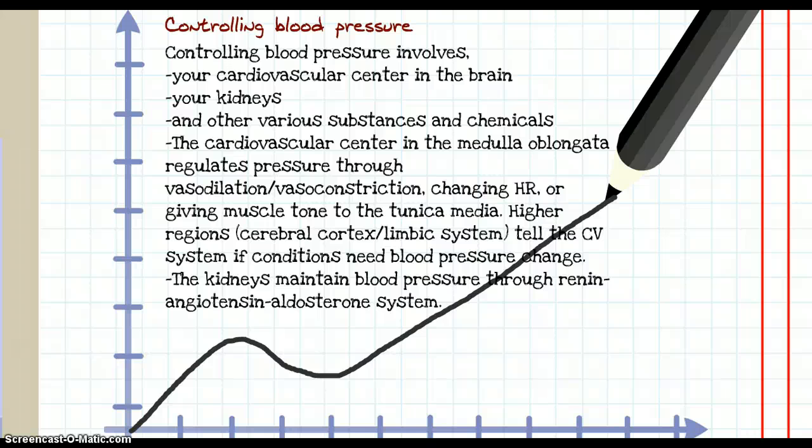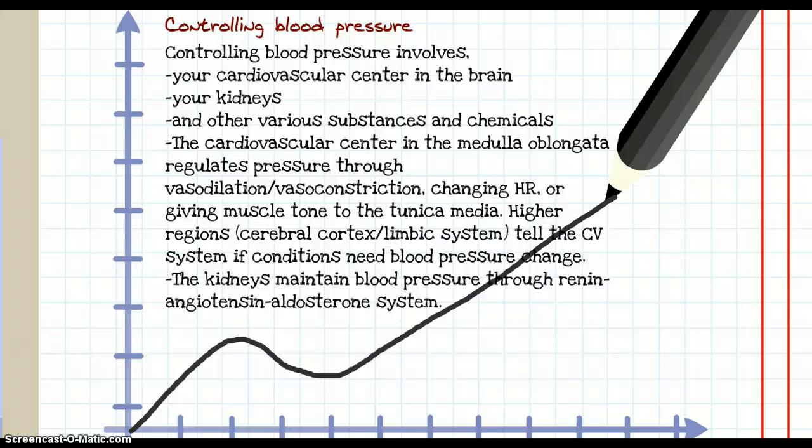It can change your heart rate through the autonomic nervous system, or it can give muscle tone to your tunica media. And if you don't know what muscle tone is, you have to go back to the muscular system. Anyway, higher regions in your brain, so the cerebral cortex and the limbic system, which I talk about in the nervous system unit as well, tell your cardiovascular system if conditions need blood pressure to change.